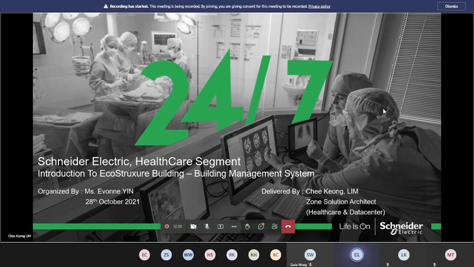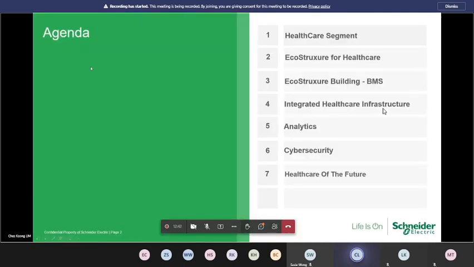So for a start, let's look at the agenda I have prepared for the next 1.5 to two hours, depending on whether there are any questions. We'll look at the healthcare segment as it is. Then we'll explore what EcoStructure is. Schneider's EcoStructure is a brand name, or you can even call it a platform. How is it being applied to healthcare?